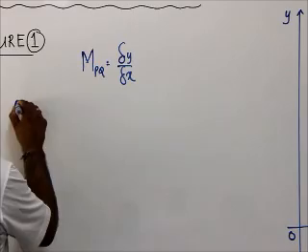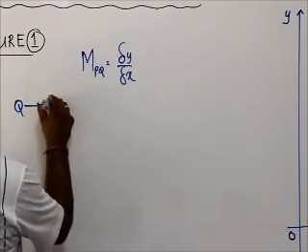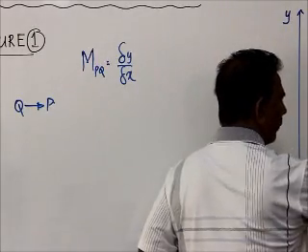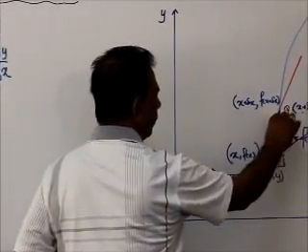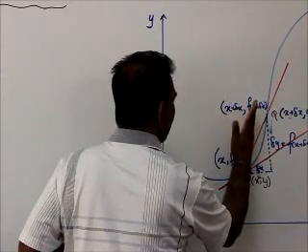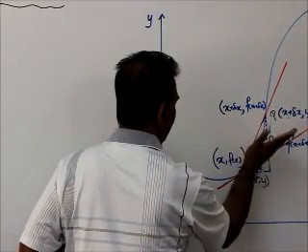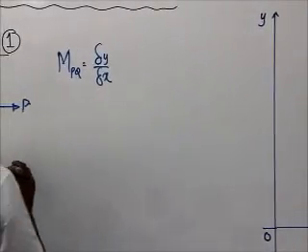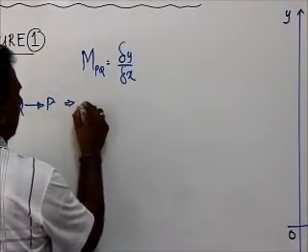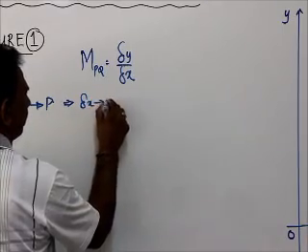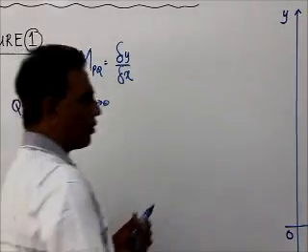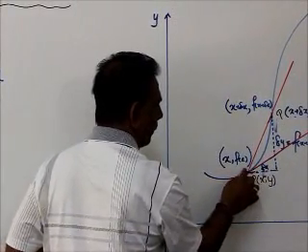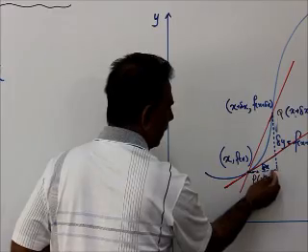Now the point Q tends to P. That is, we are moving this point from Q to P. Then this chord will change like this, so the gradient will decrease. So Q tends to P, then delta x tends to 0. If Q moves along the curve up to P, then automatically delta x tends to 0.